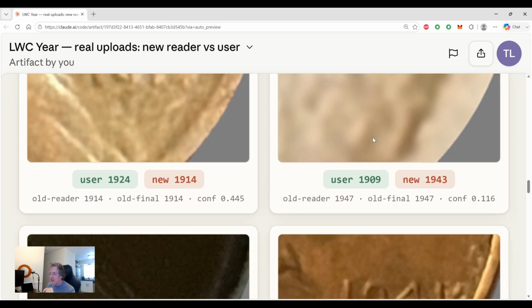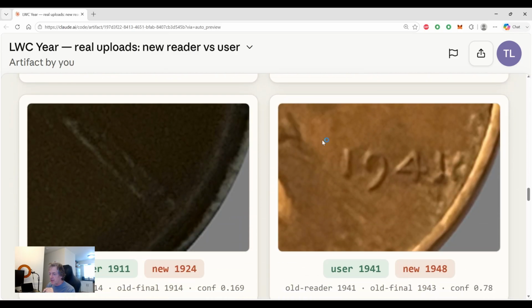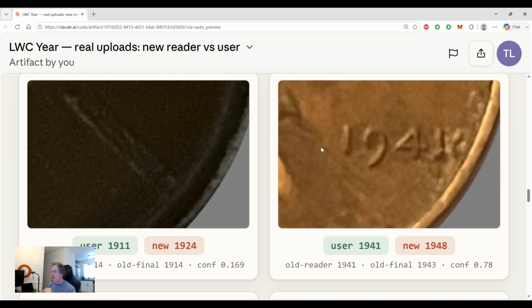But still, how would you expect the system to get this? The user says 1941, and my new AI says 1948. It's interesting that it's got these two ridges here. I don't know if this one is a dent or something like that. I think I would have said a 1941, but boy, is that odd.